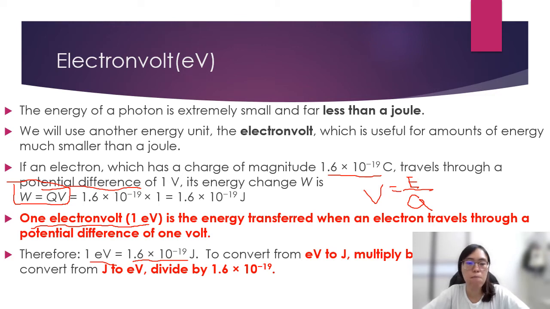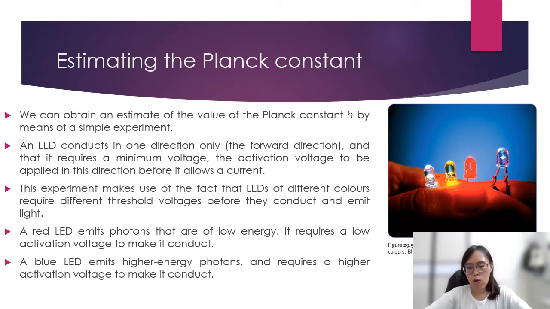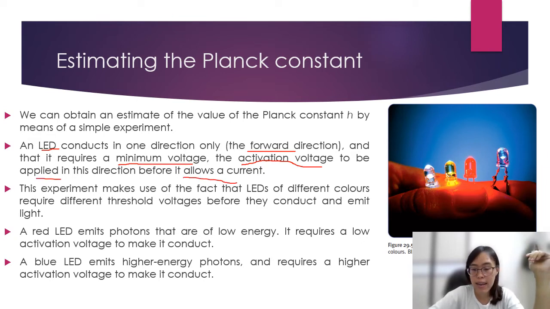So 1 eV equals 1.6 times 10 to the power negative 19 joule. To convert into joule you multiply by 1.6 times 10 to the power negative 19, and to convert joule into eV you divide by it. Now, in the Planck's constant experiment we used different colors of light. Why use LED? LED stands for light emitting diode. Diodes only allow current to flow in one direction, the forward direction. Because it is a semiconductor, it needs a minimum voltage, which we call the activation voltage, before it allows a current.